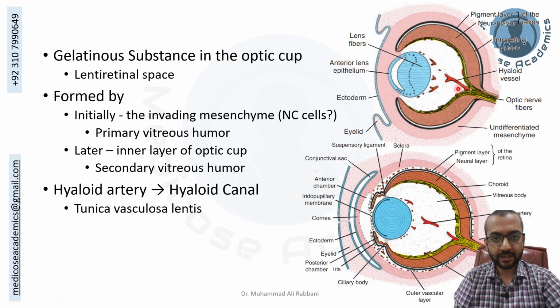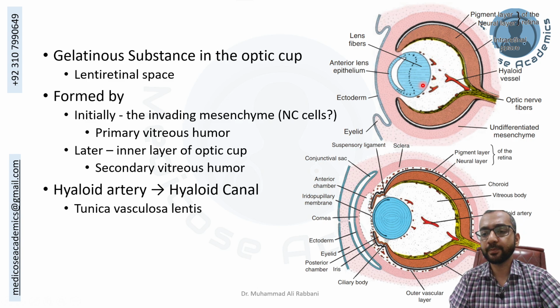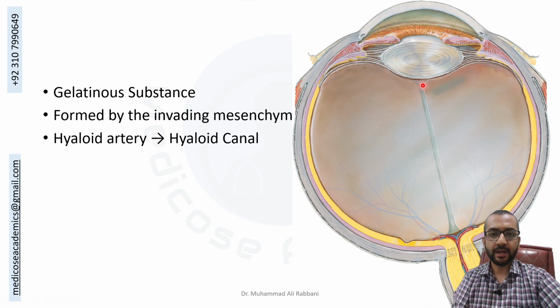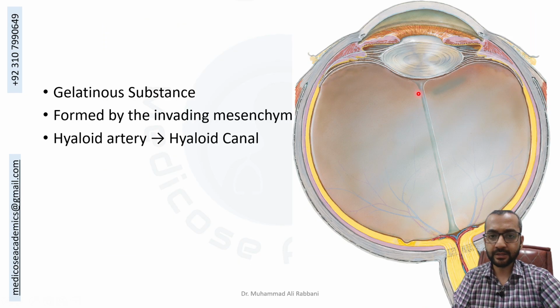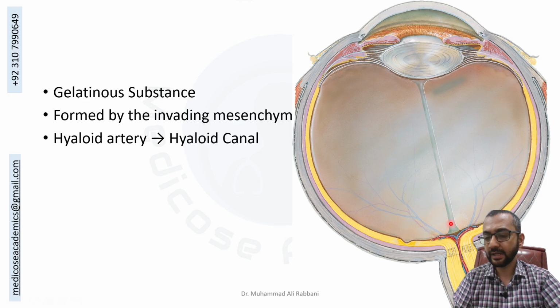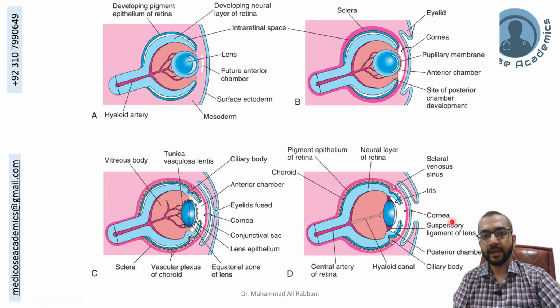In the earlier stages of development, there was a hyaloid artery going from back to around the lens, forming this network of vessels around the lens called tunica vasculosa lentis. But with time, this artery gradually disappears, as does this capillary network, and in adults you are left with this canal where the hyaloid artery was. This is called the hyaloid canal.